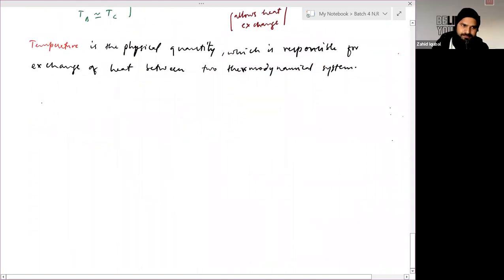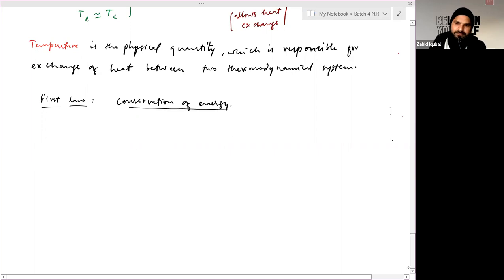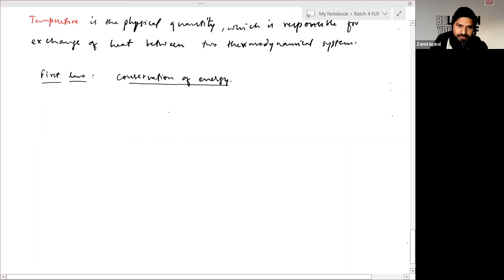Next is the first law of thermodynamics. It's simply based on conservation of energy. Suppose you have a vessel enclosing any gas.